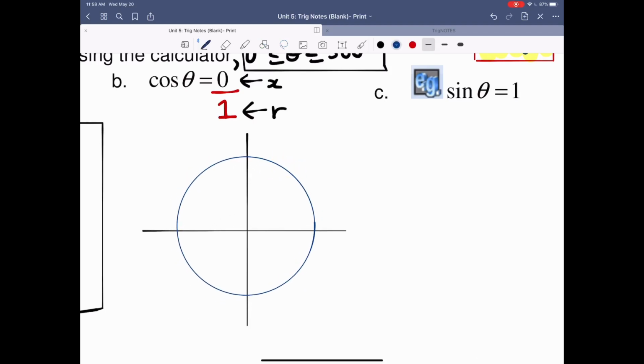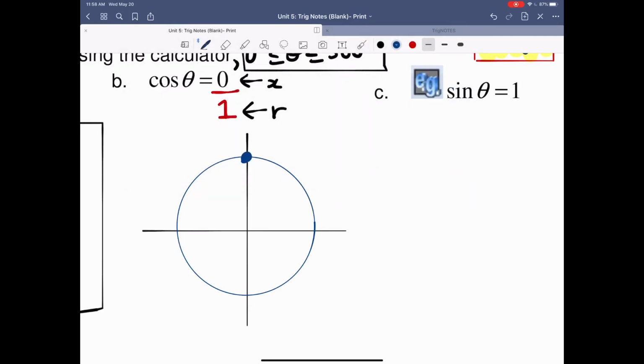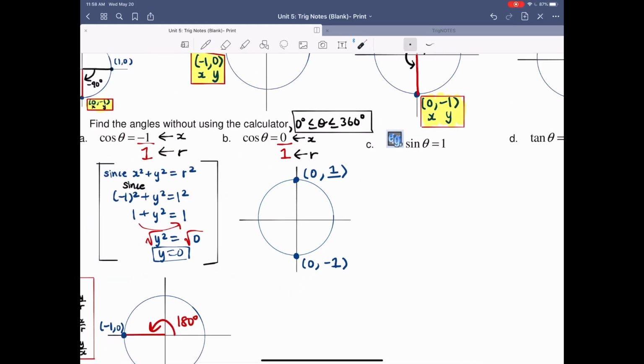So when I start drawing it out, we have x value of 0. That means right there. Oh, but also there. So I'm going to draw two coordinates over here and over there. And my x value will be 0, and my y has to be a 1. And my y value will be a -1 as well. And perhaps you can go through it algebraically like this to have figured it out as well, but I like looking at the visual.